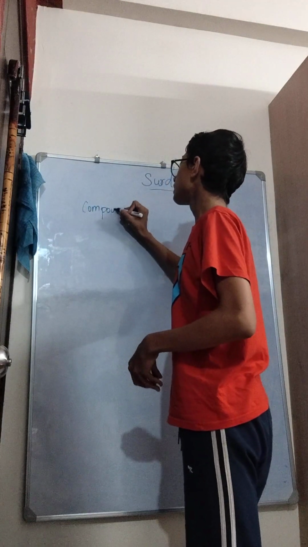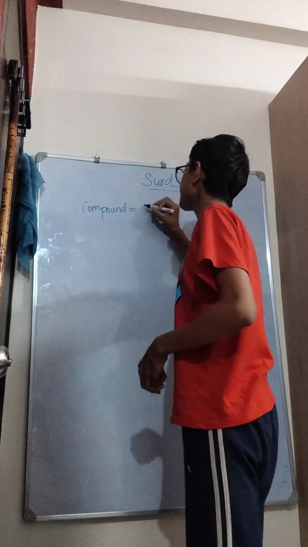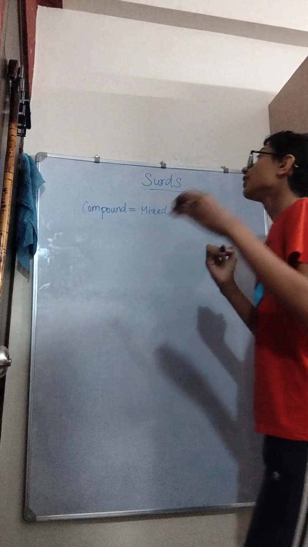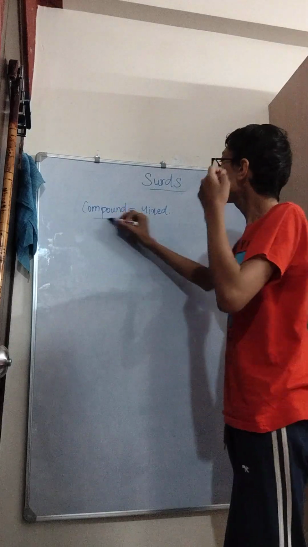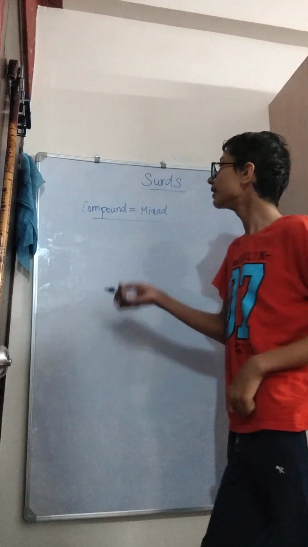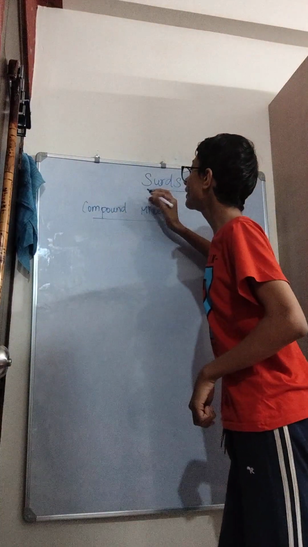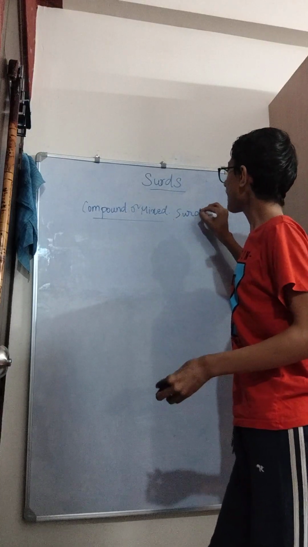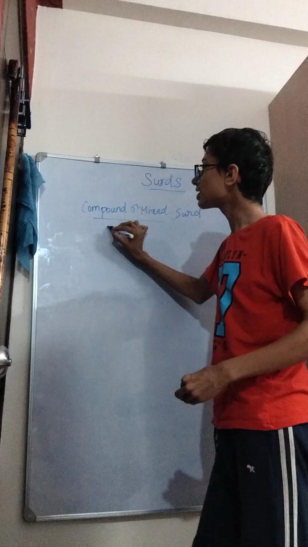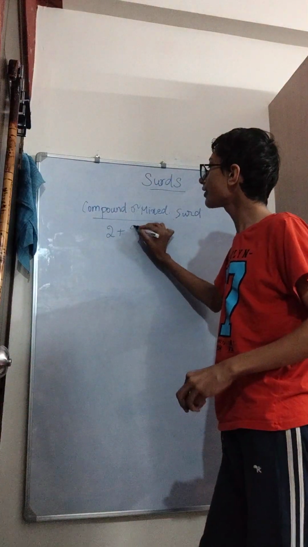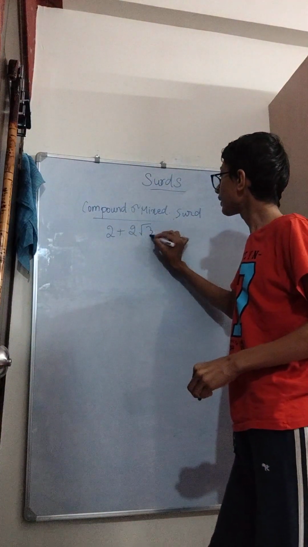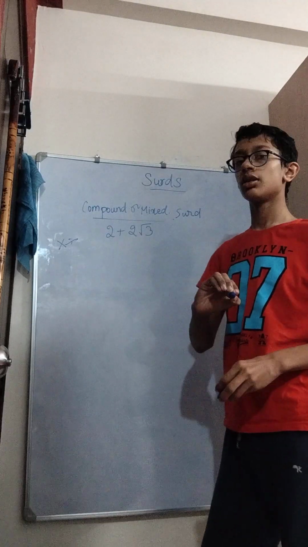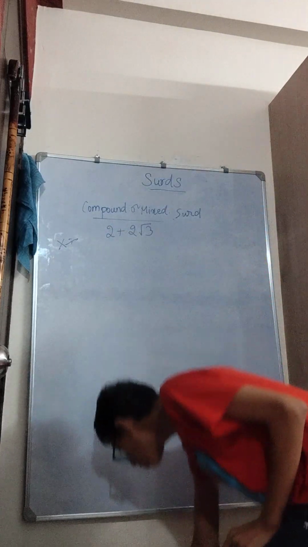A compound or mixed surd is a type of surd which involves arithmetical operations except multiplication and division on two or more terms.